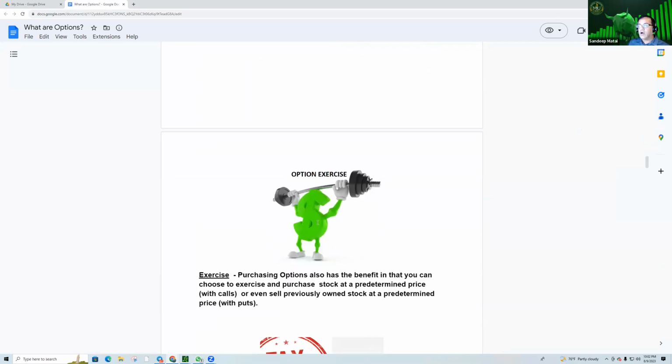Another thing, option exercise. When you own an option, you have the right, with certain parameters, to convert it to stock. So if you own, let's say, NVIDIA, you bought a 450 option, and now the stock is at $500. You could, A, just take the profit on the option, or B, you could say, you know what, I just want to own the stock.